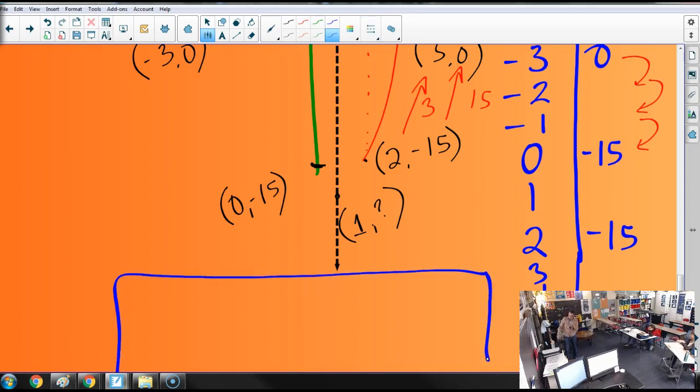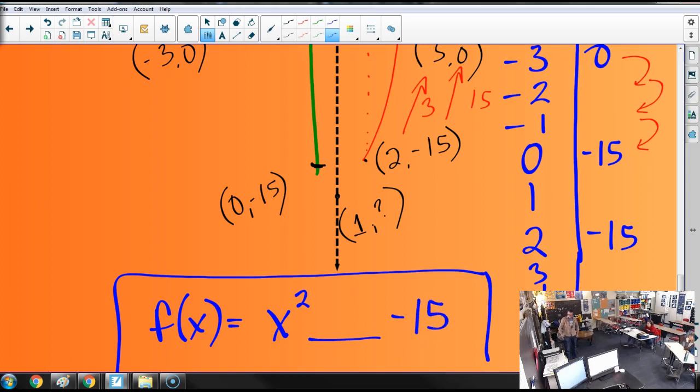So if we tried, let's just start using function notation. If we start trying f of x, so y, the output, is x squared plus or minus something, b, I'm going to leave that alone, minus, well, because the y-intercept is minus 15.